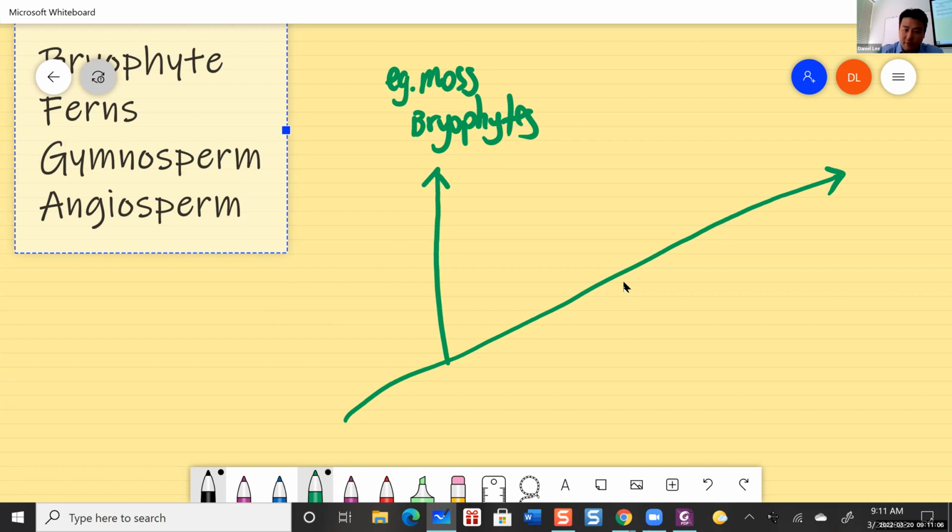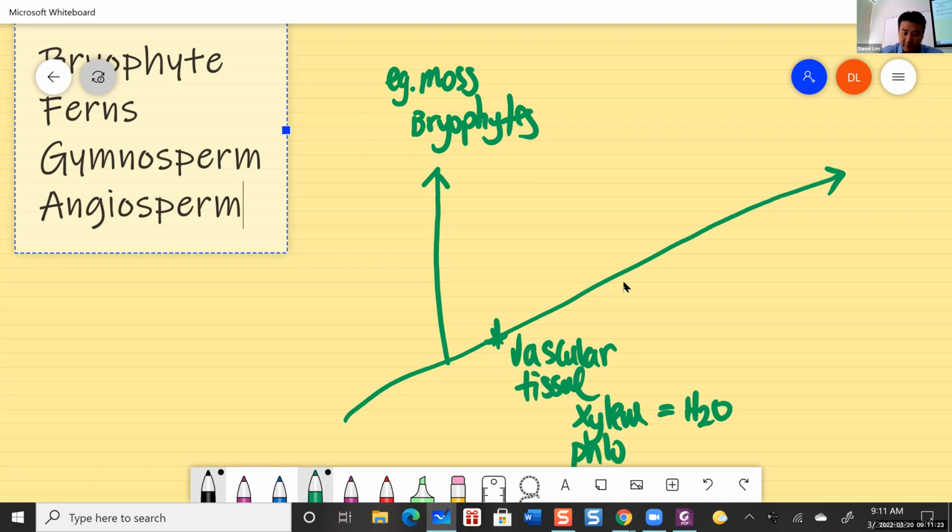So these ones have no vascular tissue, because vascular tissues like xylem and phloem, that make up root, stem, and leaves, evolved later. So vascular tissues, we do need to know, we'll see the term xylem, which transports H2O, water, right? And phloem sounds like food. So this is what transports the sugar.